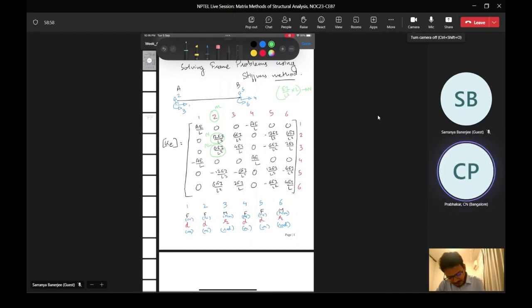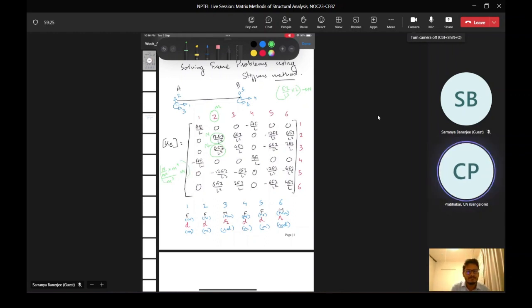I is meter to the power 4, and L cube is meter cube. If you multiply it by another meter, you will get Newton. Otherwise, it will be Newton per meter.